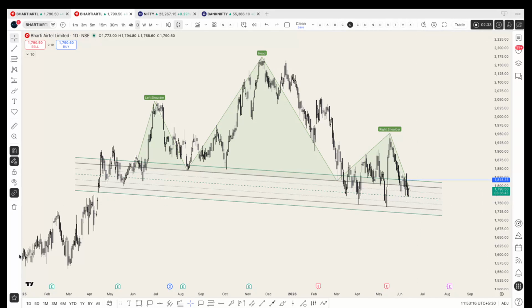Traditionally anyone would enter on the break of the neckline, which is like right now as it is visible on the chart. But with this kind of structure which I'm talking about right now, there are generally two approaches. We have a near about head and shoulder pattern, not a clear one. And this channel here which I have drawn is the gray zone.